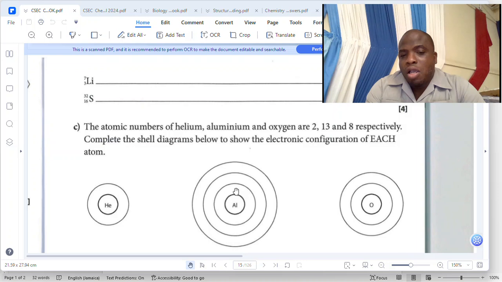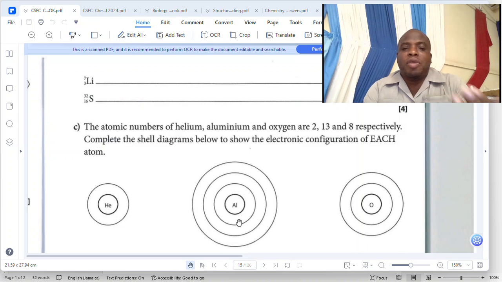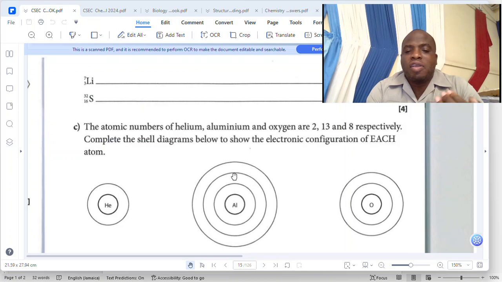Now, when you're putting in the electrons, for me as a teacher, because it helps with bonding, you go top. So for the first shell, and then the second shell will have 8, we go top, bottom, left, right, and then we go top again and we continue clockwise. Now that will help you.